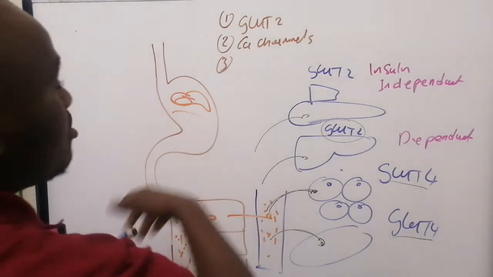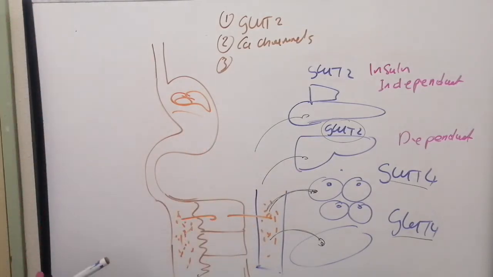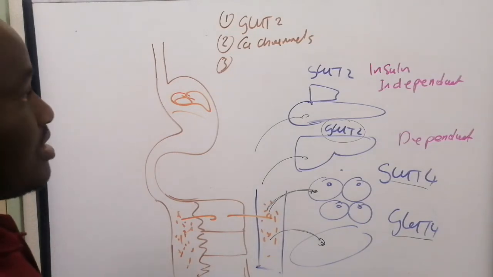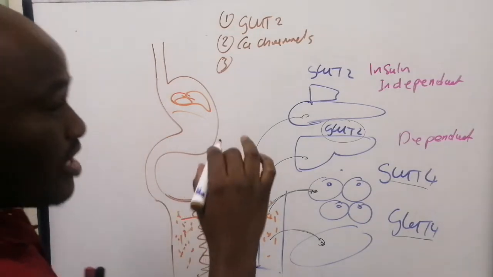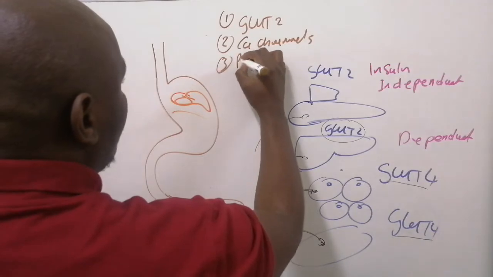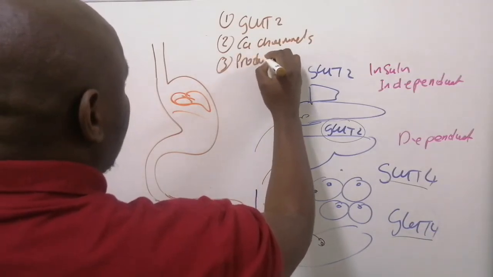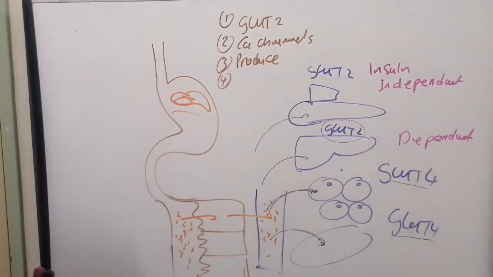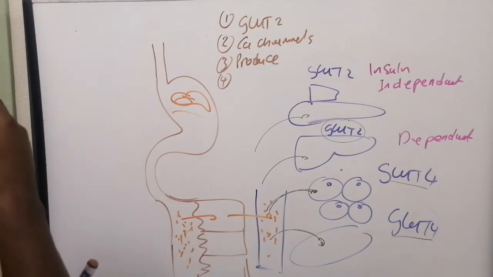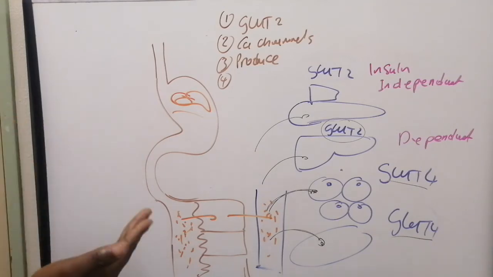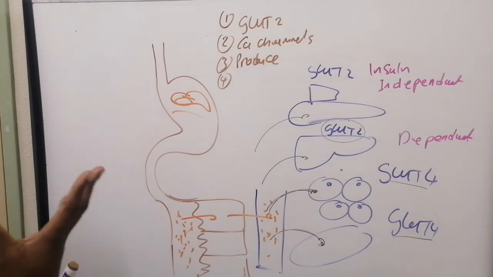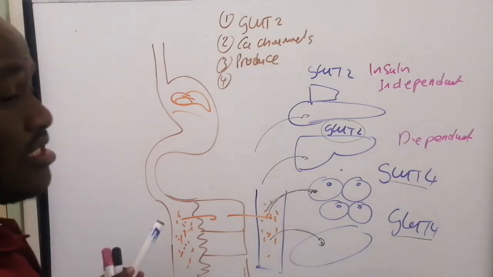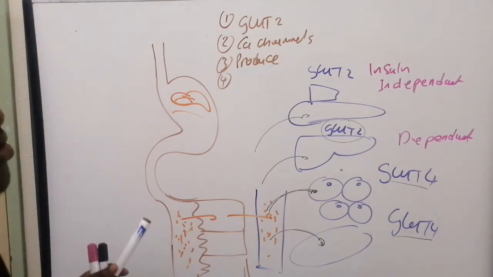So if you've got a problem with your calcium channels, then you might have a problem releasing insulin. And also, if you cannot produce insulin, which is a known pathophysiology, because people who've got type 1 diabetes have destruction of beta cells. Because the whole beta cell is destroyed, they can't produce insulin.